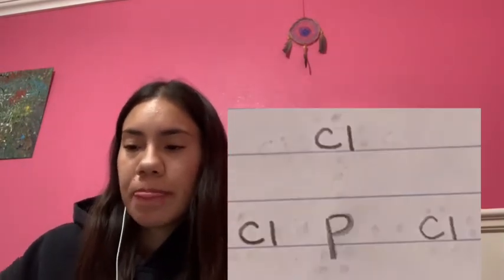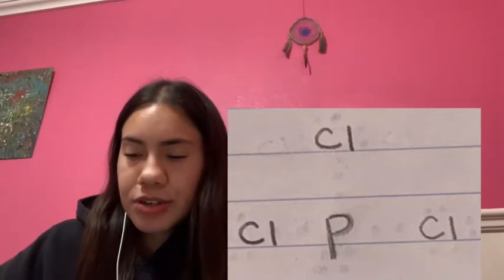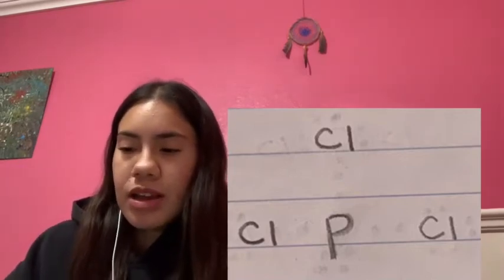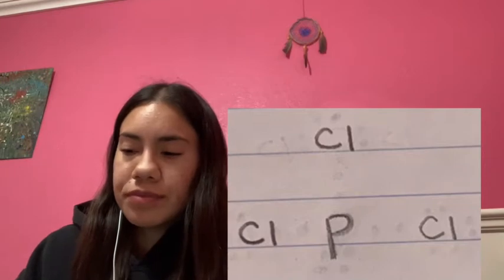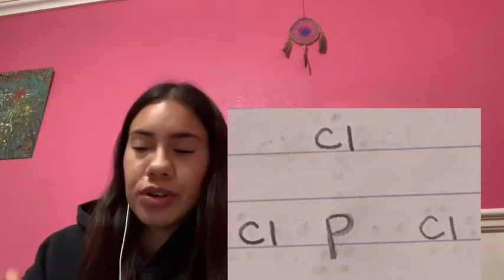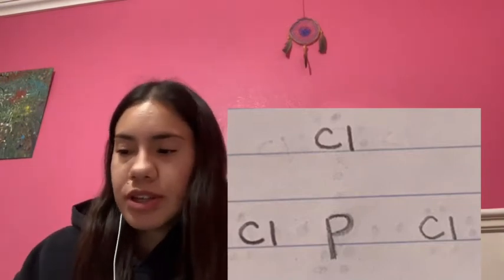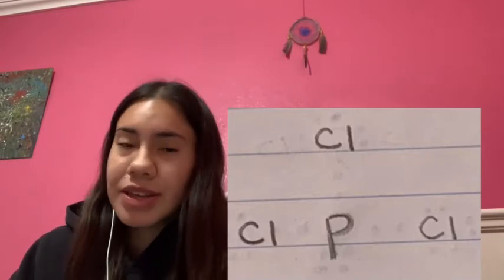We have P in the center, and then we have 3 atoms of chlorine around phosphorus, as we have it right there. Hydrogen is an exception to this step, because hydrogen only has 1 electron, which means it can only make 1 bond, so it can't be in the center.